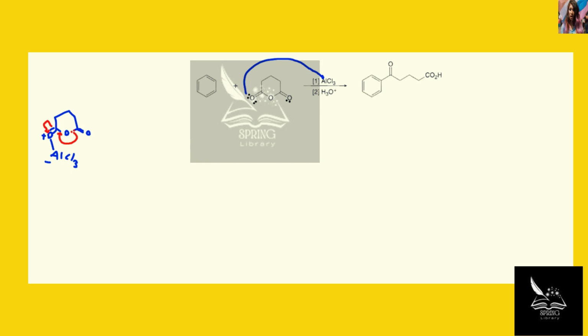And now if I label this carbon as the green carbon, you can see that now this green carbon is now our carbocation intermediate, and then this red carbon here is now our carbonyl carbon, and this oxygen is that oxygen there.